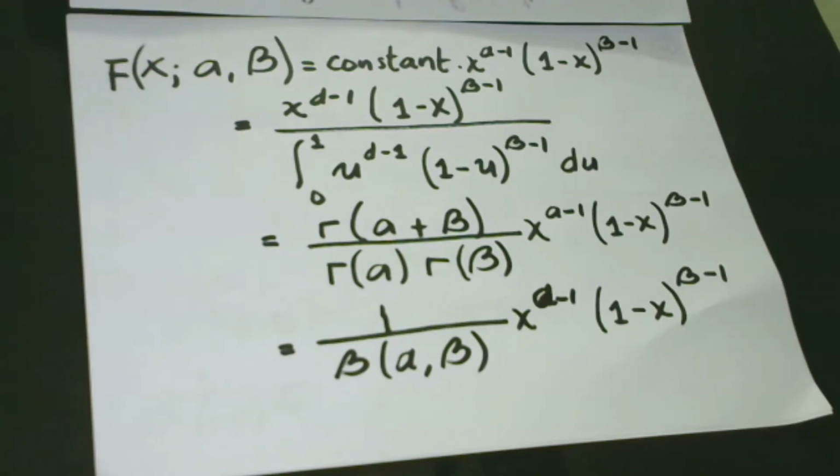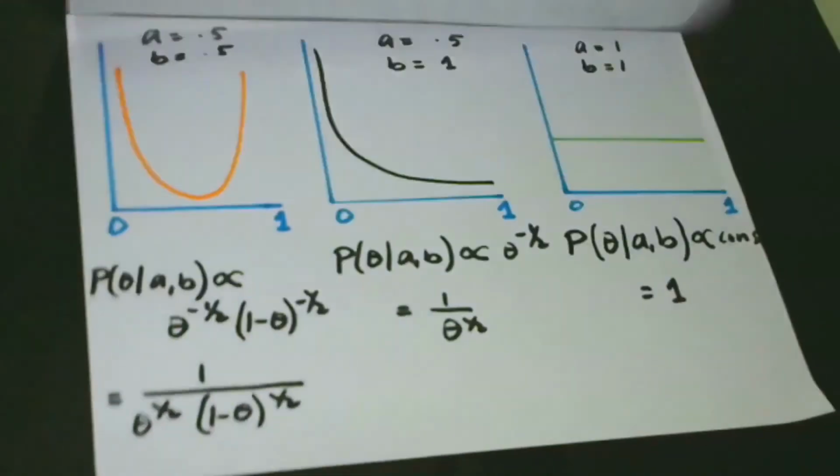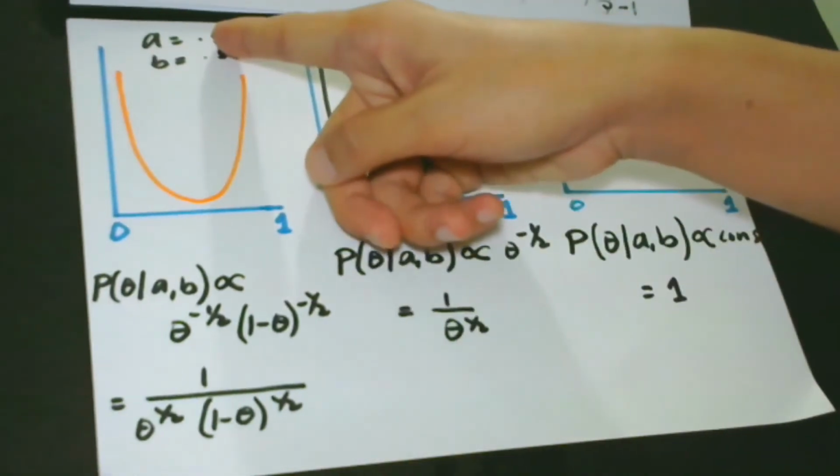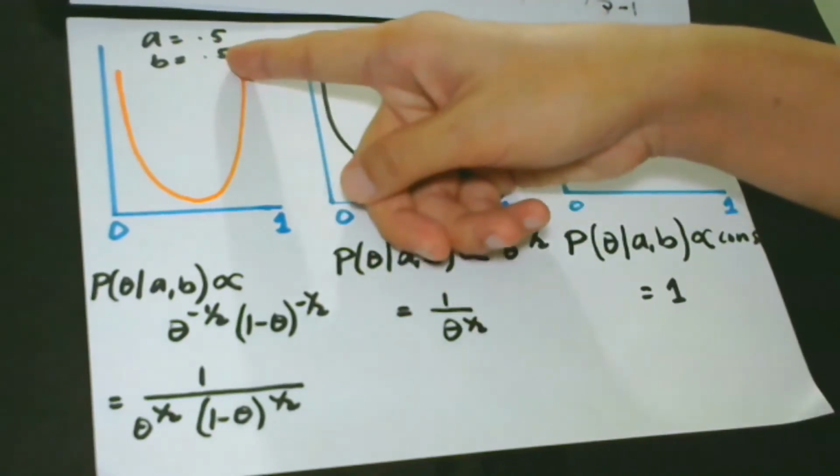Another notable characteristic of the beta function is that it is used to specify prior knowledge about the probability of something occurring. We can also specify a large range of beliefs by changing the parameters A and B. So for better understanding, let's have this statement. Supposing A is equal to 0.5 and B is equal to 0.5.